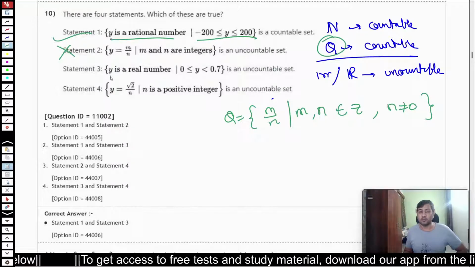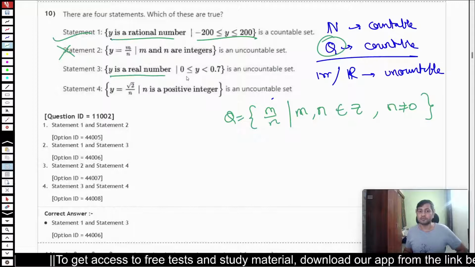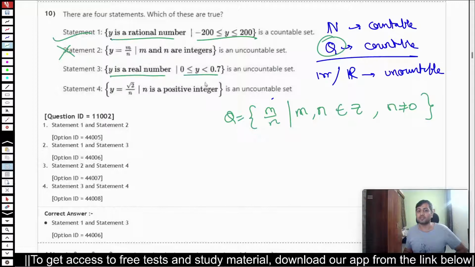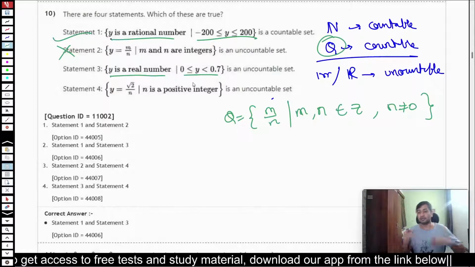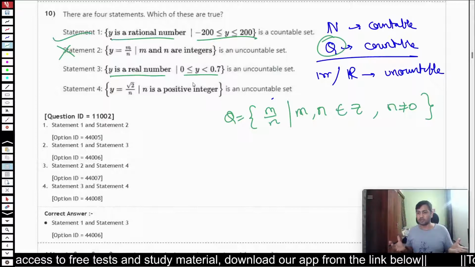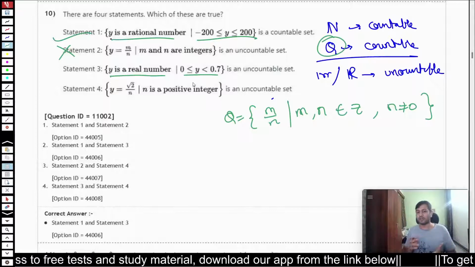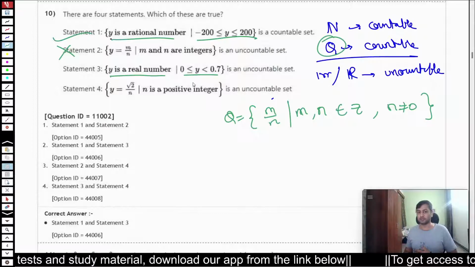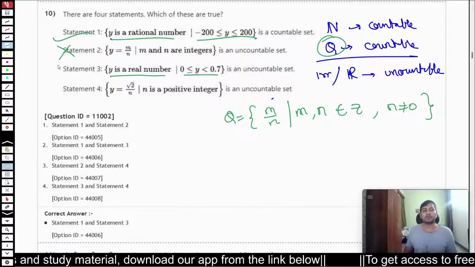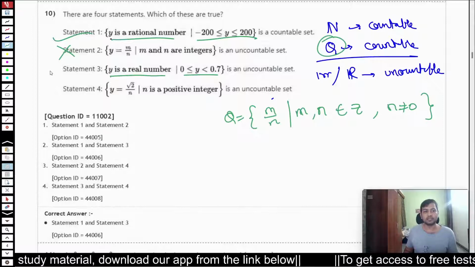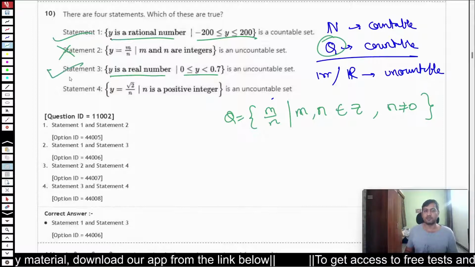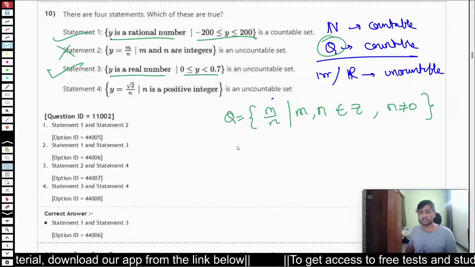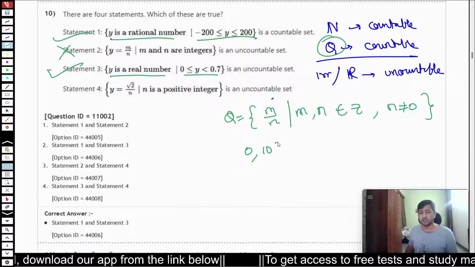Statement 3, y is a real number such that y is between 0 to 0.7. Now the set of real numbers is uncountable and any subset of real numbers of this kind is also uncountable. Okay. So for that reason this particular statement is true. You can take any small subset 0 से लेके 10 to power minus 10.